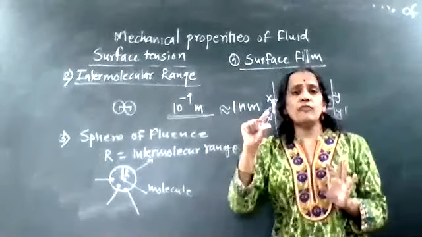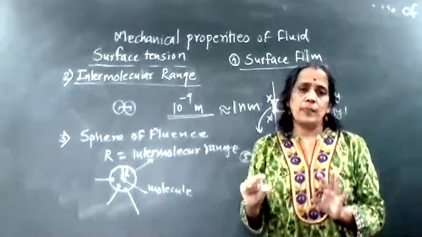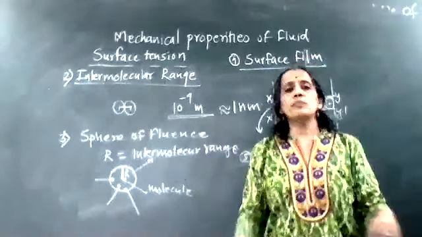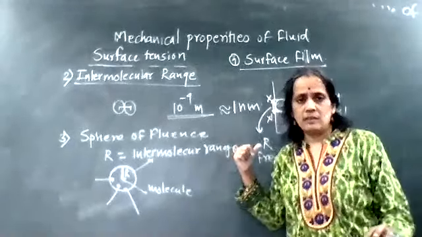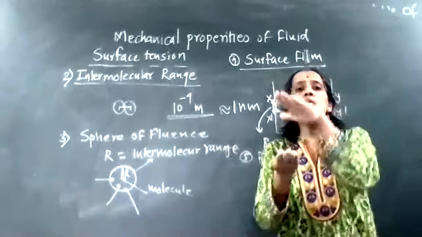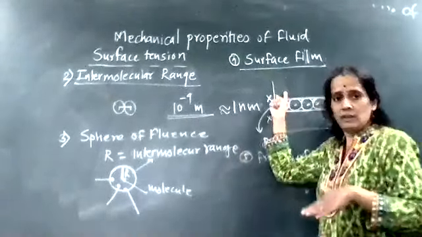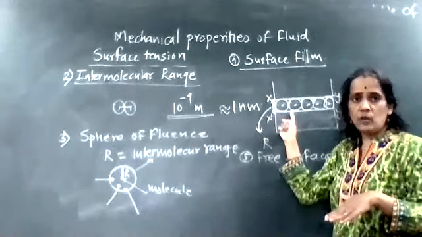The thickness of the film is equivalent to the intermolecular range, and that film of liquid is called the surface film. And the free surface is the interface between two different molecules, like here: above XY air molecules, below XY water molecules.